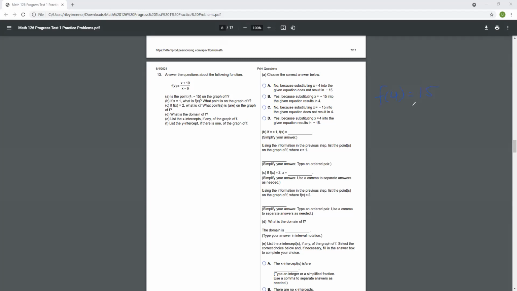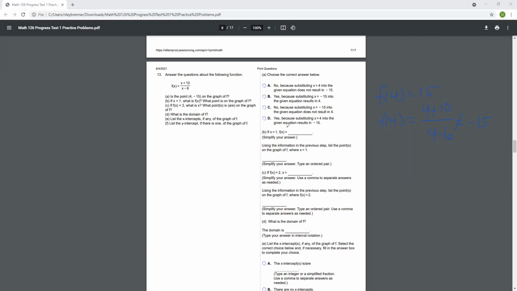So you would do f of 4, which is equal to 4 plus 10 over 4 minus 6, and see what that equals. It does not appear that it's going to be -15, just so you're aware. So keep that in mind, that's what you're doing essentially.